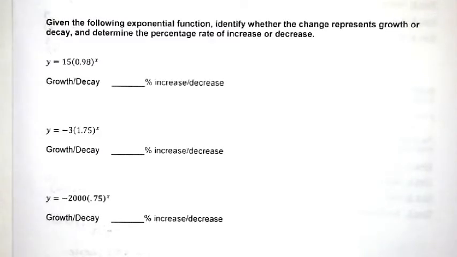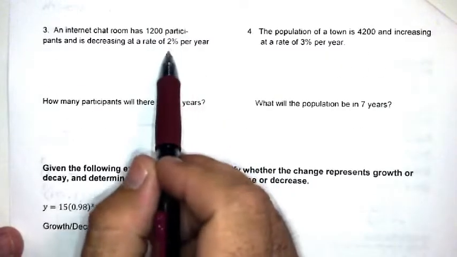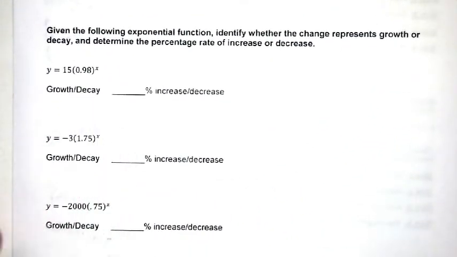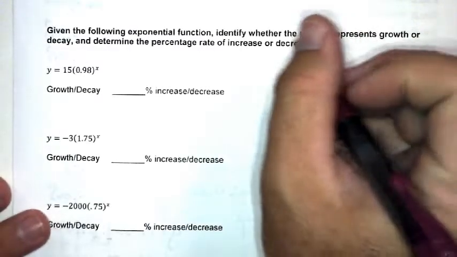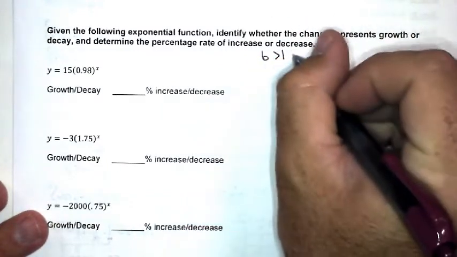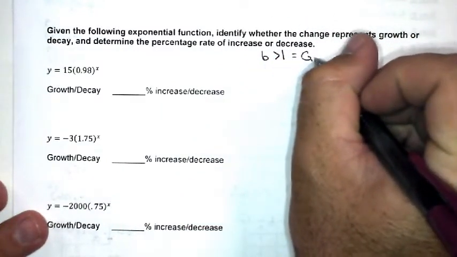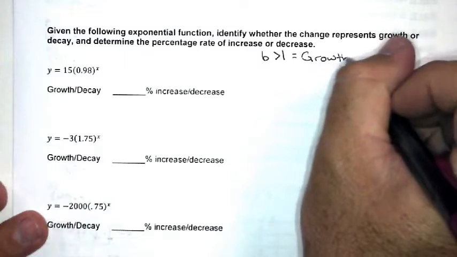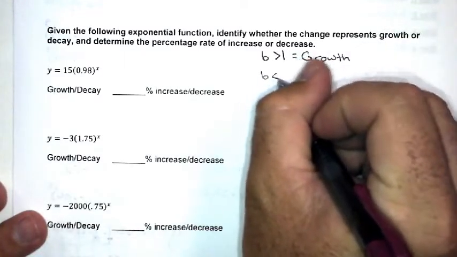This time, I give you the problem, and you need to tell me what the percent is. Now, there are two main things we need to remember. The first thing is if my b value is greater than 1, I have a growth. If my b value is less than 1, I have a decay. That's our big things that we need to remember.